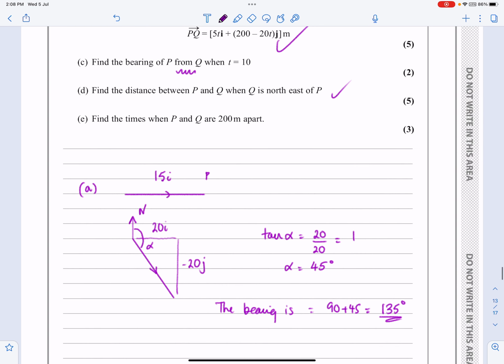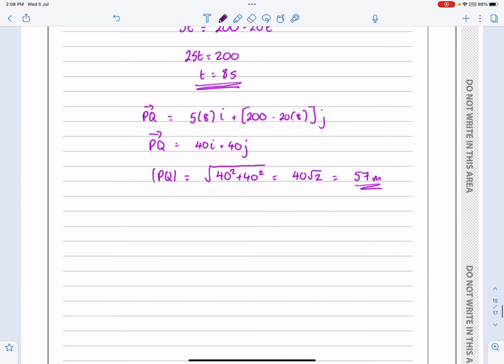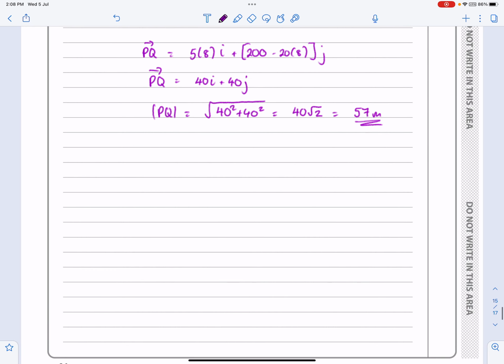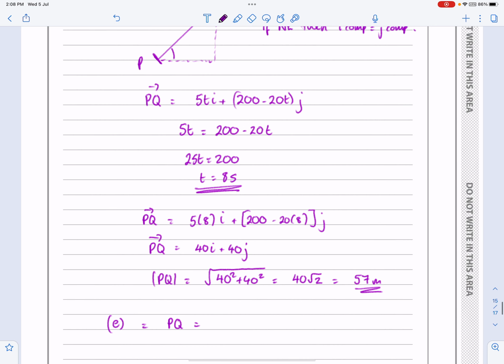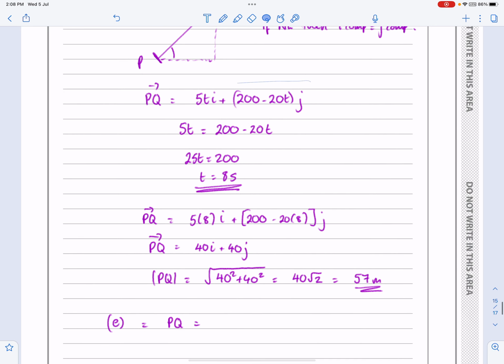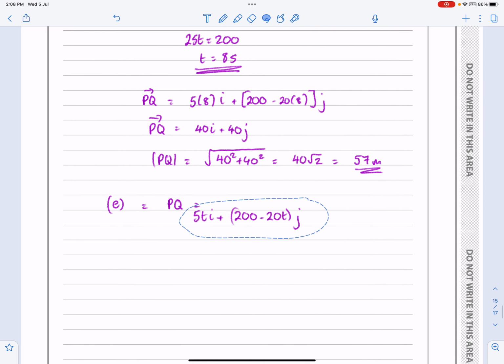And then finally, part E, find the times when P and Q are 200 meters apart. So again, we go back to our PQ that we had. So we've got PQ is equal to this thing here. And what I now want is for the length of that to be equal to 200.